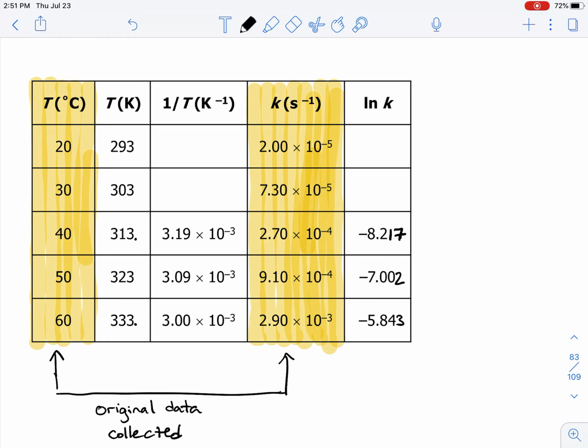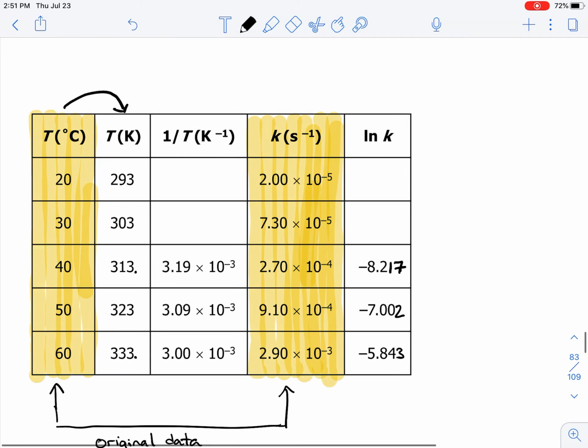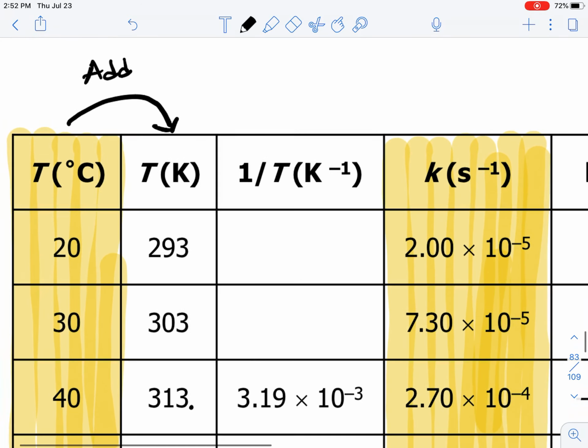And so how would you do this? Well, if I were to give you degrees Celsius as your temperature, for you to get the reciprocal of temperature, remember temperature must be in Kelvin units. And so therefore, for all of these temperature values, you need to go ahead and add 273.15.